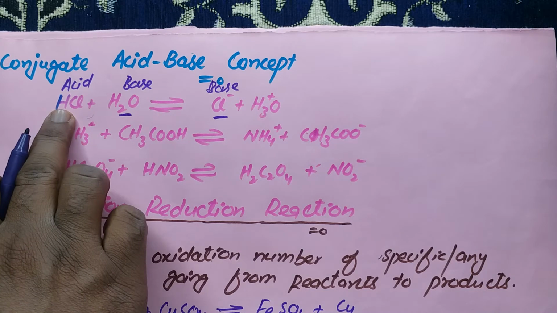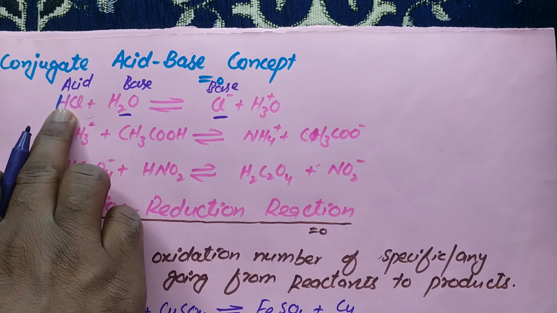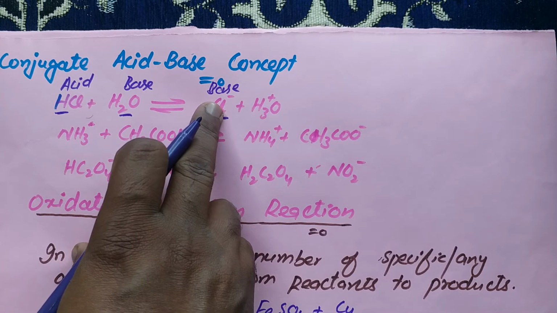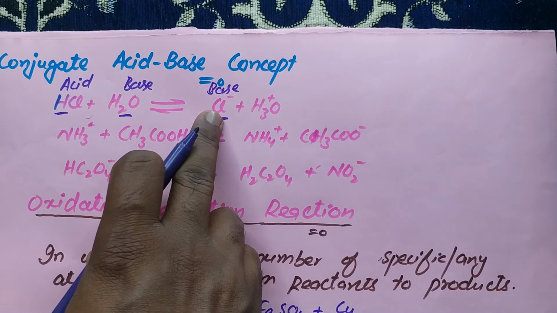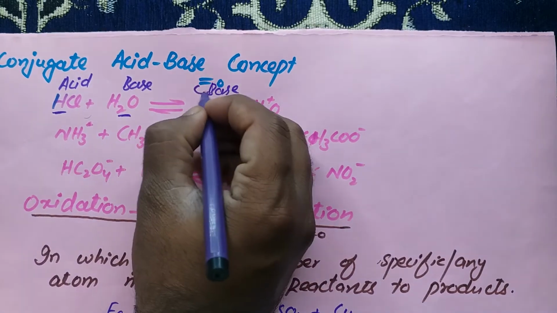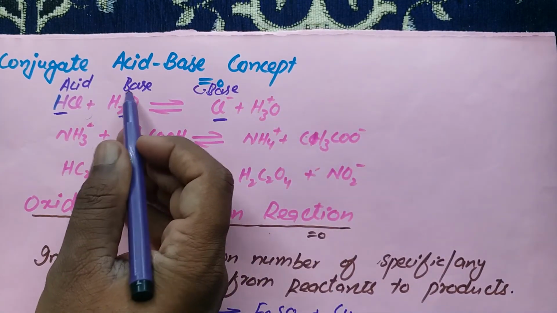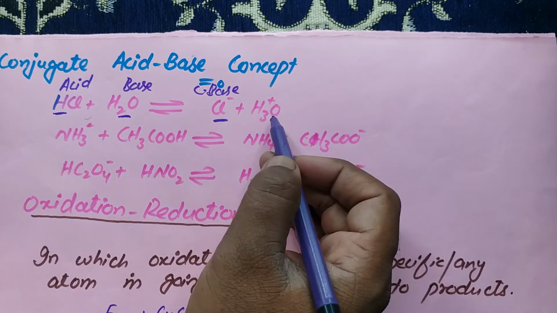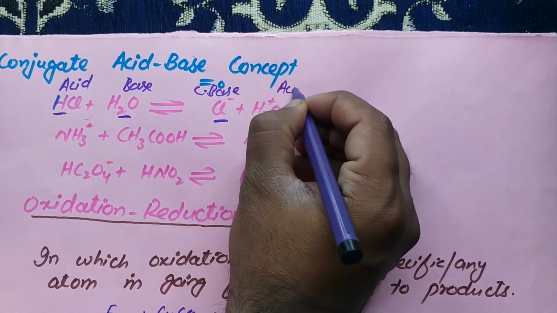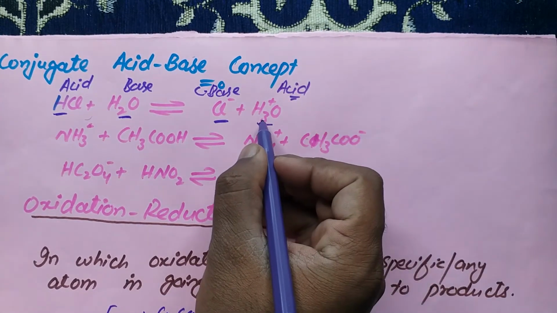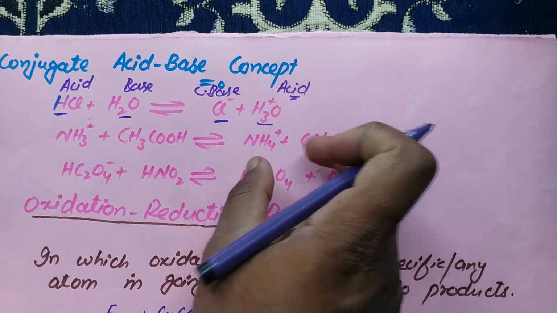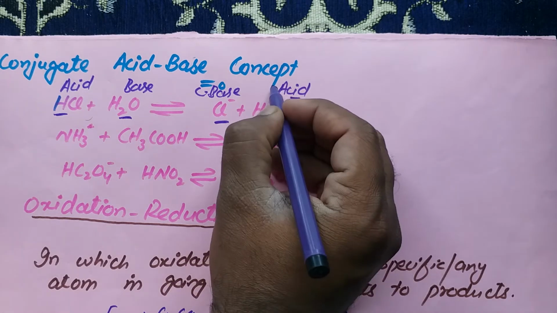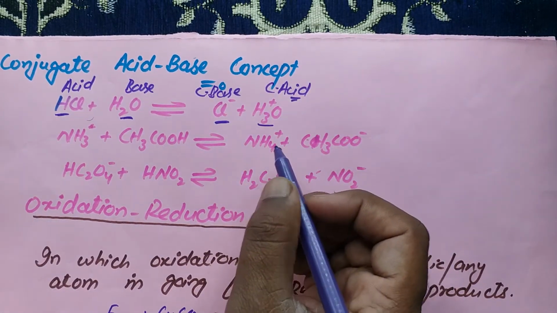As we move from the reactant, it is acting as acid, and as a result of giving a proton, it converts into base. So this base is also called the conjugate base. And base, that in the reactant accepts a proton, converts into acid, because now H3O positive will give a proton and is also acting as acid. So it is called the conjugate acid.